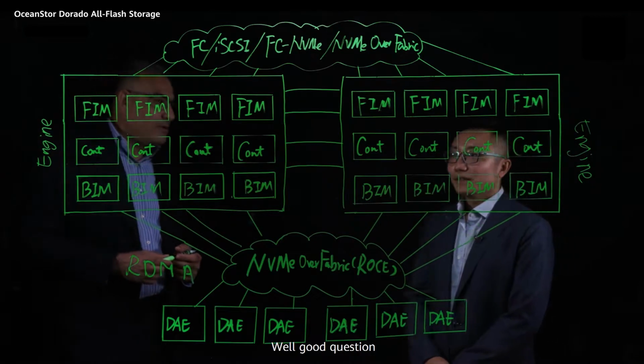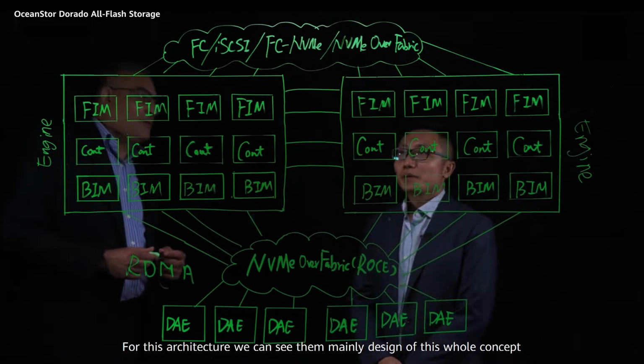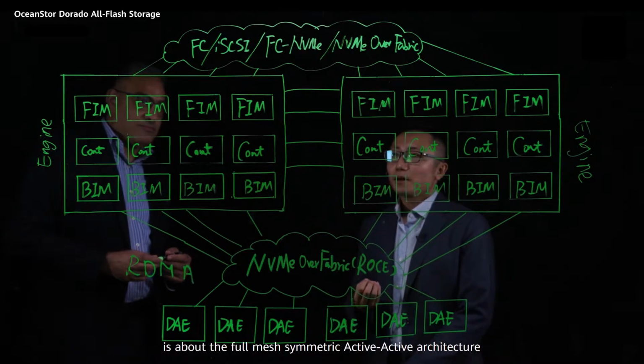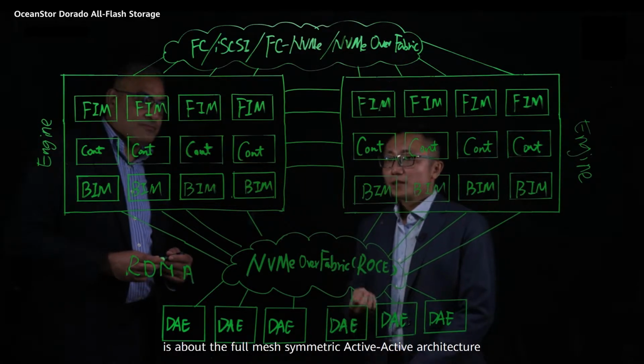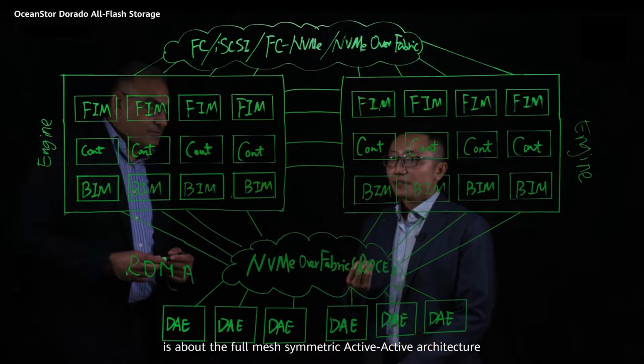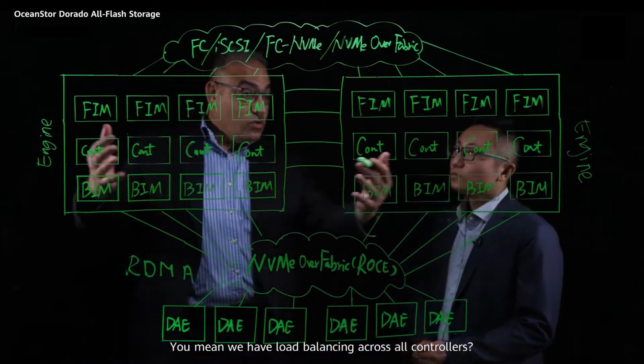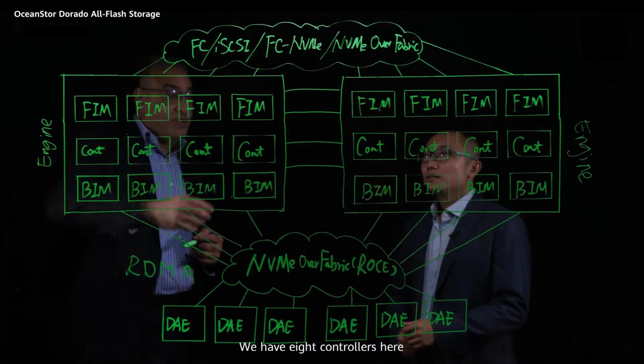Well, good question actually. For this architecture, the main design of this whole concept is the full mesh, symmetric, active architecture. You mean we have load balancing across all controllers. Here we have 8 controllers.